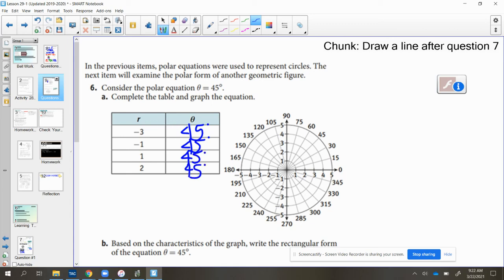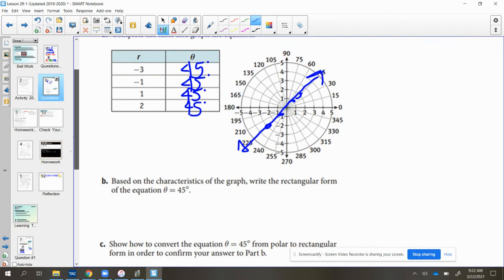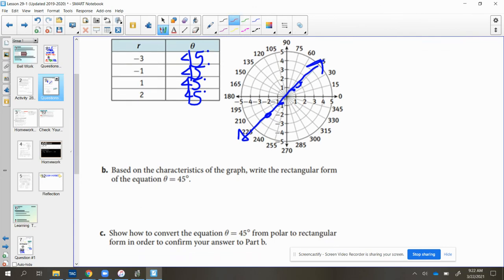So as we start graphing this, we're at an r value of 1 and 2, 45, and then we're at -1, 45, which is really, if we add 180, 225, and same thing with 3. So basically what we're seeing here is we're actually graphing a line. And in fact, if we think back to the coordinate plane, we're rising 1, running 1, rising 1, running 1. So if we converted this to y and x, it would just be a line with a slope of 1, right?